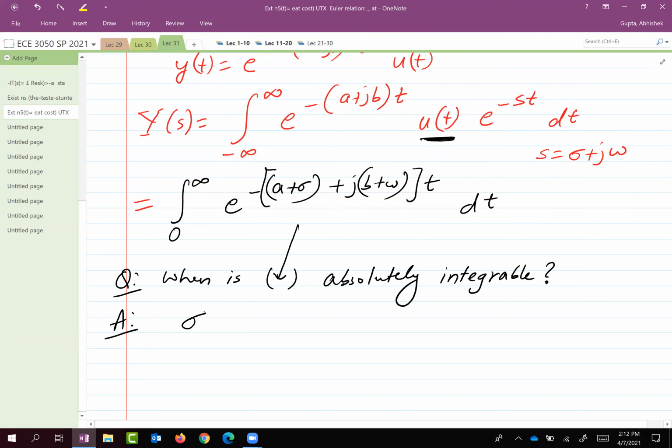Sigma should be, or let me just write it. So the answer is when a plus sigma is less than 0. No, a plus sigma is greater than 0, because there is a negative sign already in front, which means that sigma should be greater than negative a, which means that real part of s should be greater than negative a.